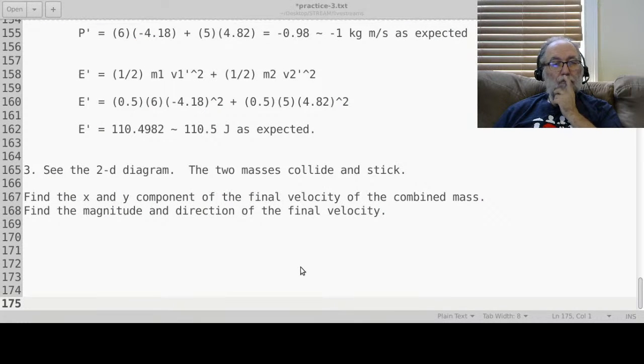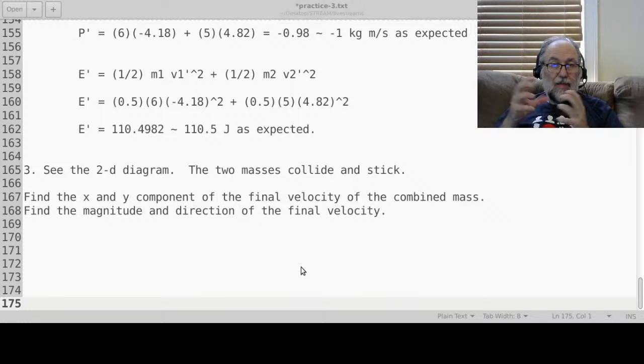Okay, so this one is a 2D problem. The previous two were 1D problems. This is a 2D problem. I say, look at the 2D diagram, and I'm going to show it to you in a second. In that diagram, I show two masses colliding, and assume that they collide and stick together.